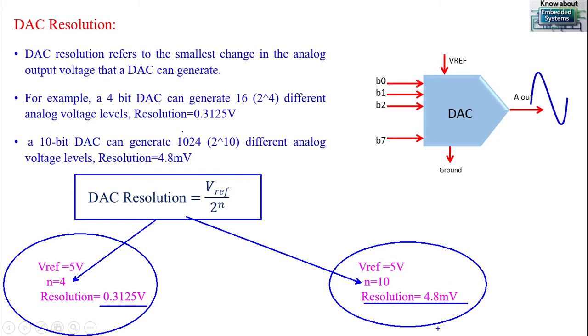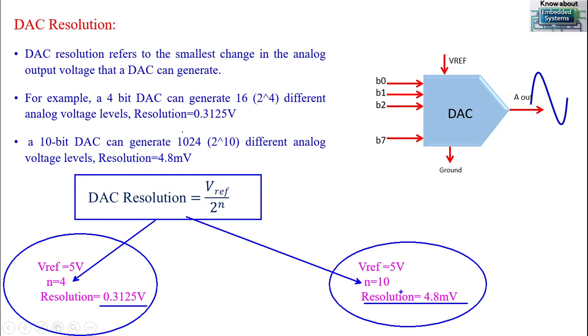So that means the minimum voltage the DAC can produce is 4.8 millivolts in the case of 10 bits. That is the reason in most microcontrollers, especially 32-bit microcontrollers, we use 10-bit or 12-bit DACs and 12-bit ADCs, to get more resolution.